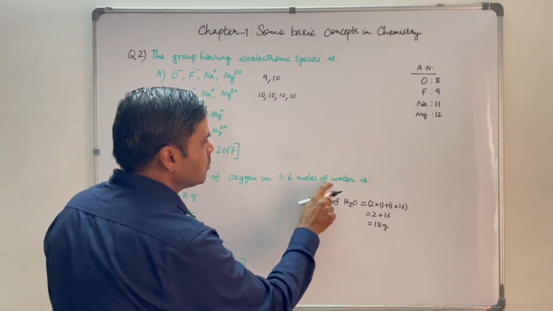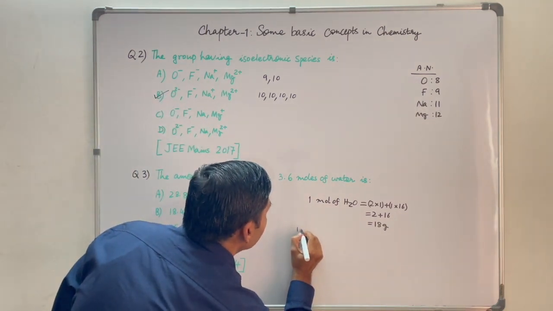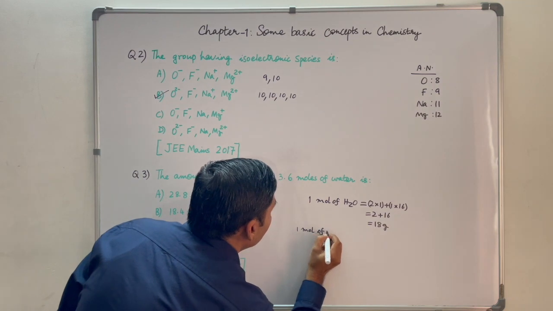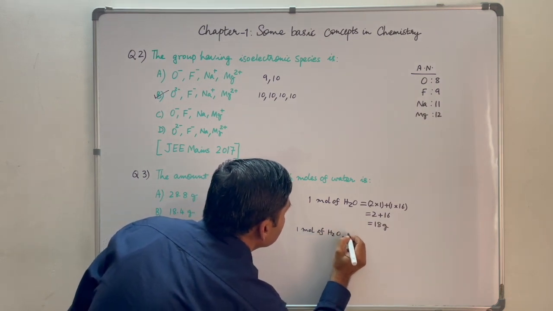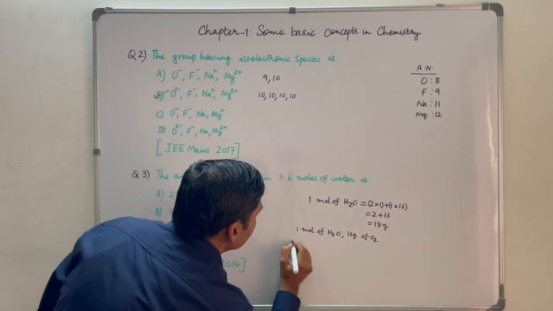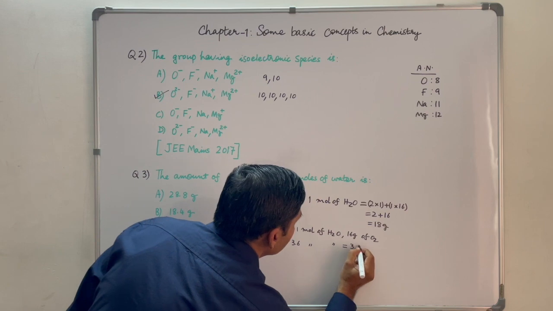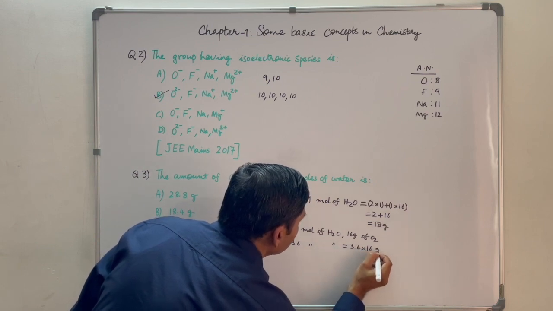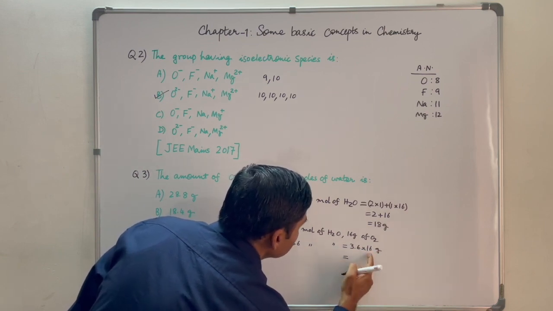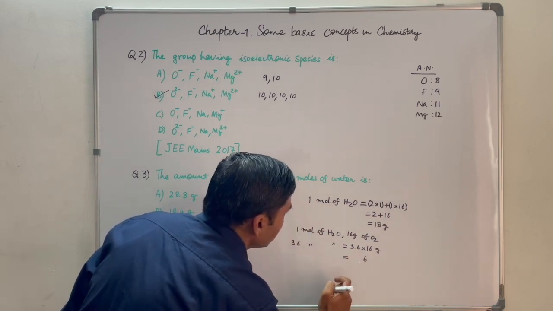Means in 1 mole of water, there is 16 gram of oxygen. So in 3.6 moles of water, how much oxygen? That will be 3.6 into 16 gram. So that will come out to be 16 6 are 96. 9 carry over. 16 3 are 48 plus 9.